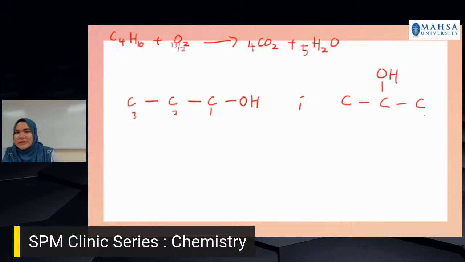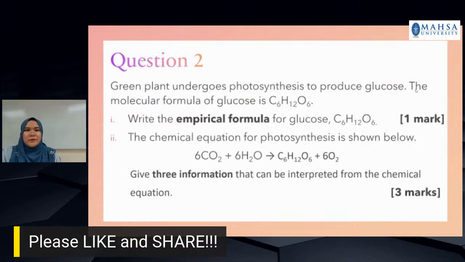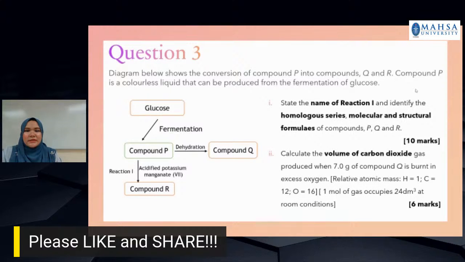So drawing the isomer means that you need to change the position of the OH group, which is the hydroxy group, from carbon number 1 to carbon number 2. And then don't forget to complete with the hydrogen. Okay, so that is settled for the second question, which is regarding the isomer for compound U.